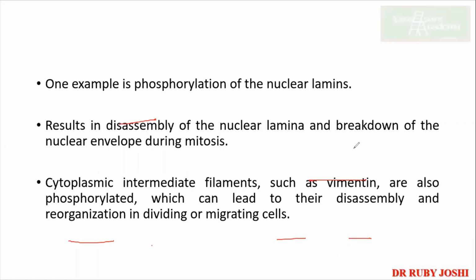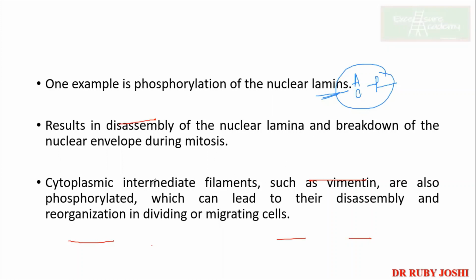It is disappearing means the envelope is broken down into small bits, right? And that is happening because the lamina is getting phosphorylated. Those lamin proteins A and C are getting phosphorylated. So the nuclear envelope disappears and is broken down into small pieces. Once dephosphorylation happens, again they come together and join to form a nuclear envelope.